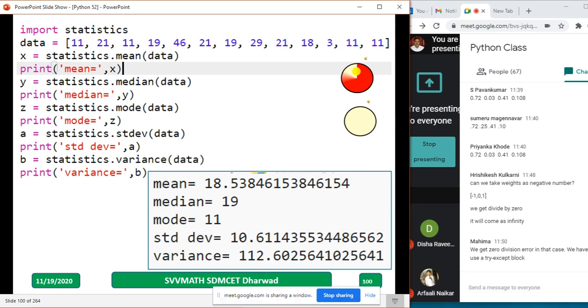In brief, I will tell later. After another 2 slides, I will tell in brief. I cannot explain in detail. Otherwise, everything will take a time. Standard deviation, variance, median. Hope most of you are remembering. Let me give you another 30 seconds. You can copy down and you can execute whenever you get a time.